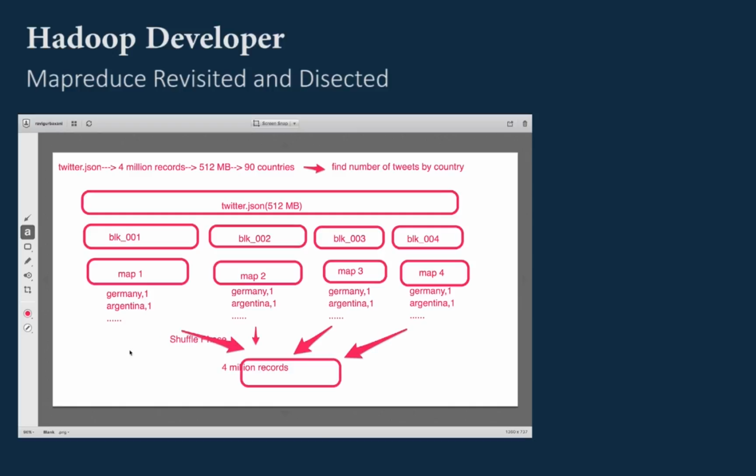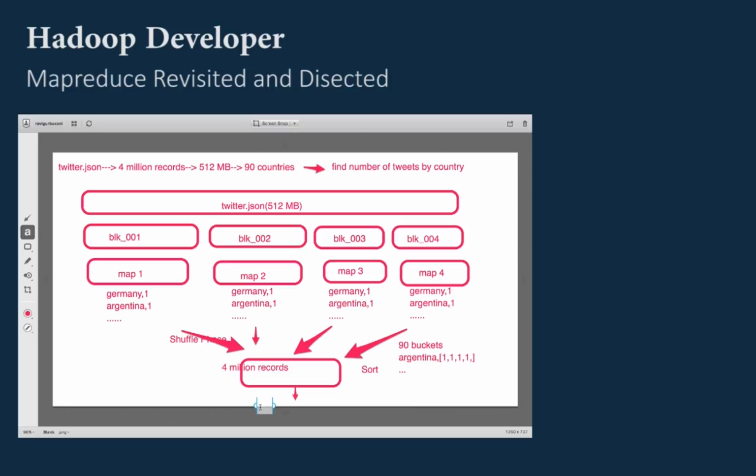Now, when you have 4 million records, in the sort phase, this will be basically 90 buckets. And the buckets would be sorted based on the tweets. And finally, in the reduce phase, reduce will take 1 bucket at a time.